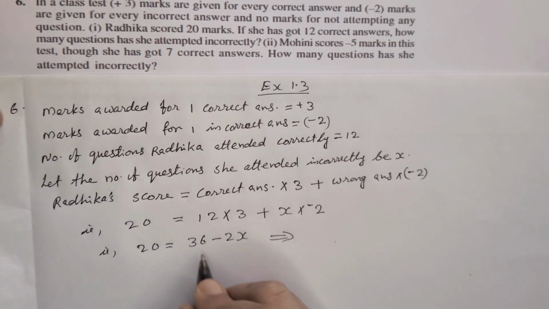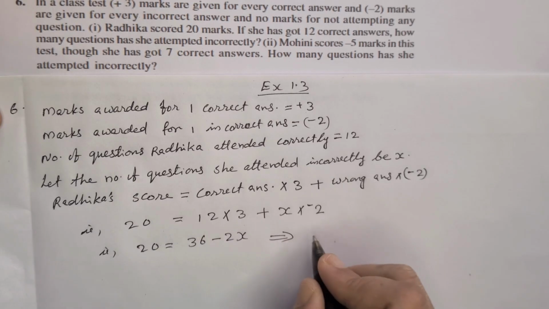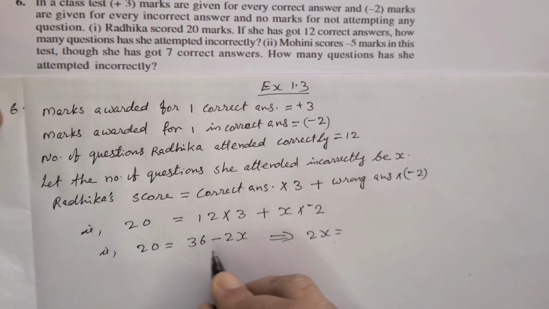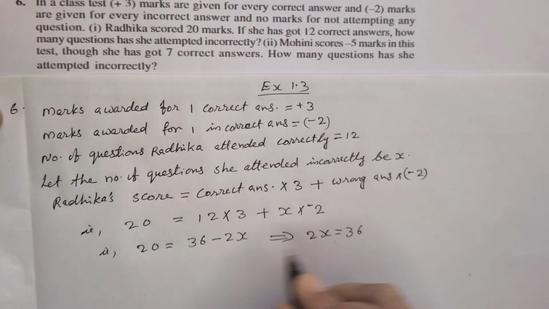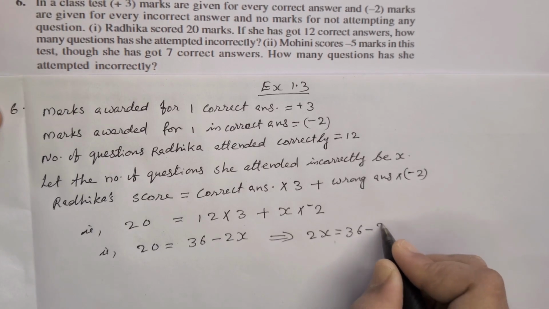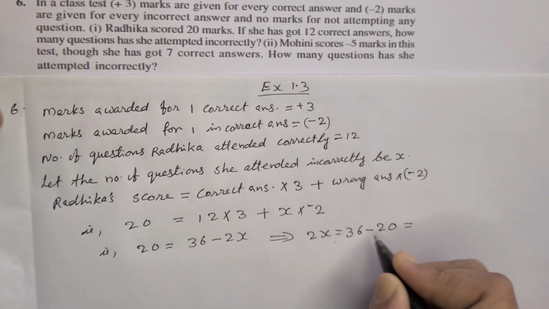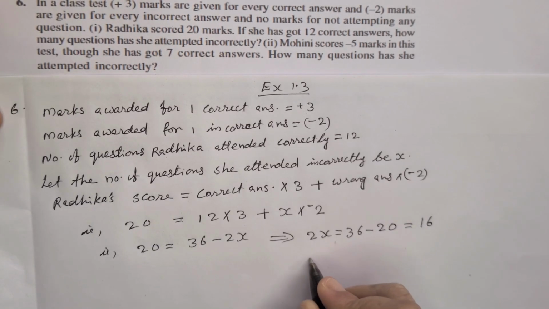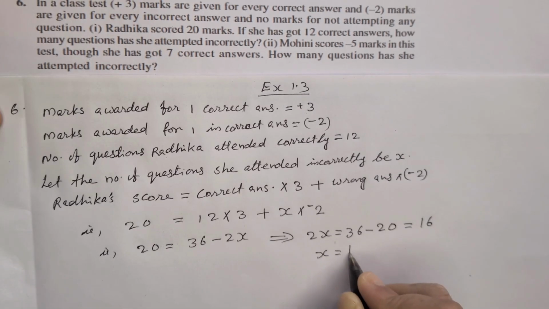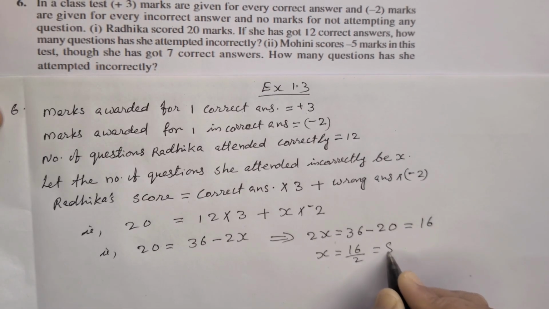Shift the 2x to the other side, so 2x is equal to 36, move 20 to the right side, 36 minus 20 is 16. That means x is equal to 16 by 2, which is 8.